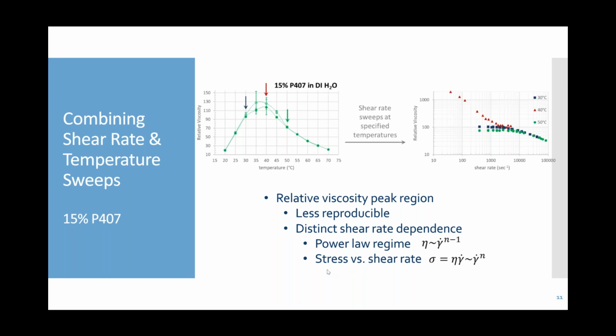Why that's significant and why I bring it up is that if we have a power law response in the viscosity, that means our shear stress will basically scale on the shear rate to the N power. So if N is going to 0, that means the shear stress is independent of shear rate.